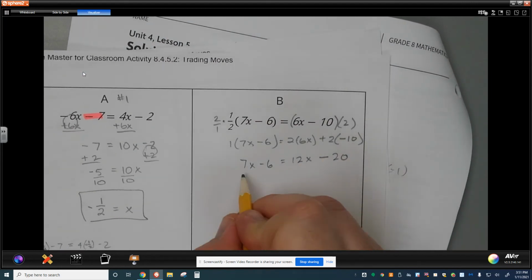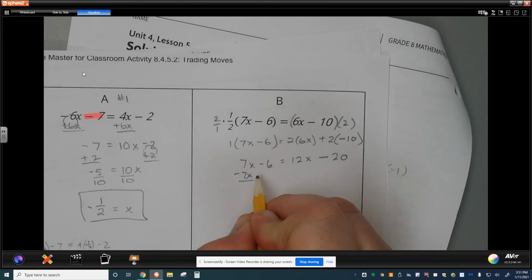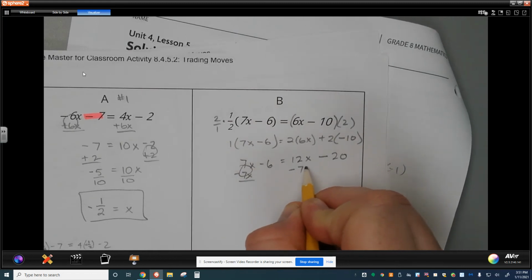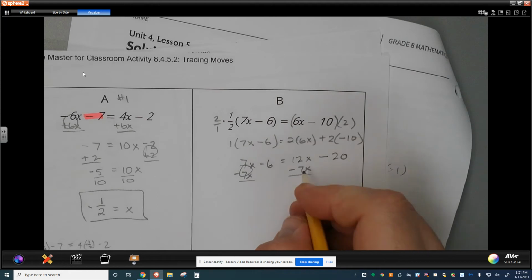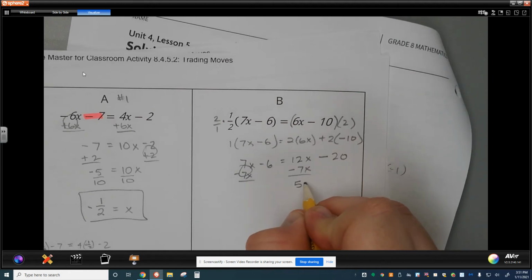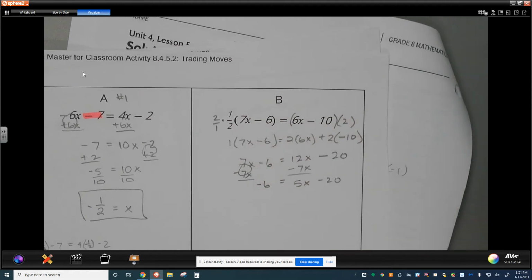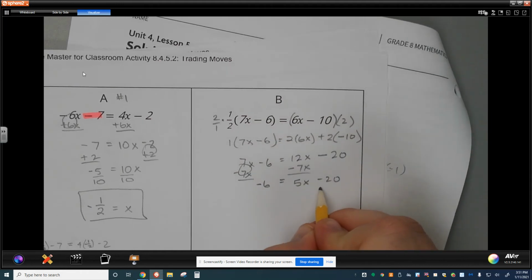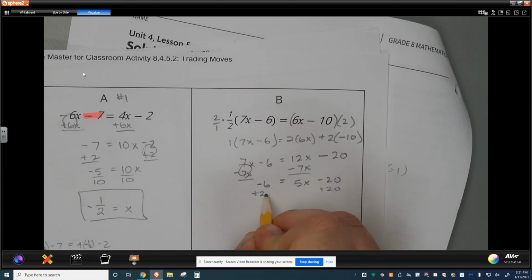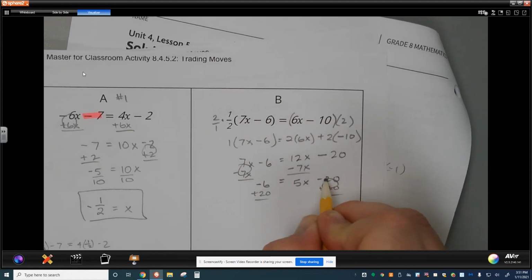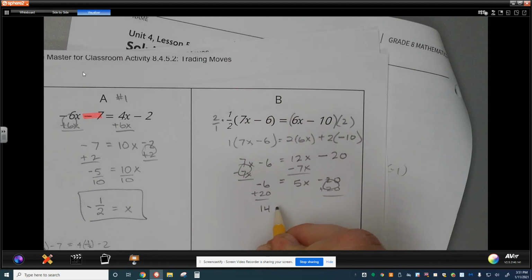For this case, I'm going to take the 7 times x from here and from here, because I don't want to end up with a negative coefficient of x. And then from here, I will add the 20 to the 6. And I'm left with 14 is equal to 5 times x.